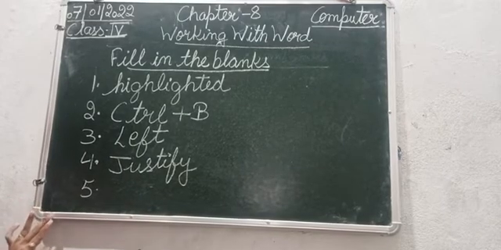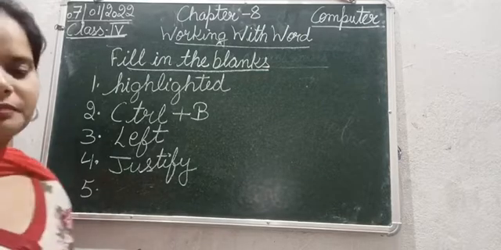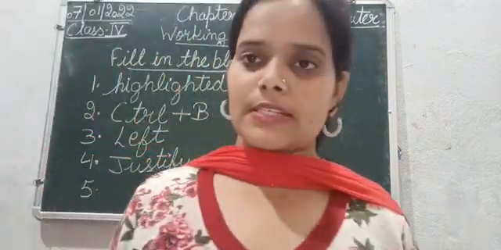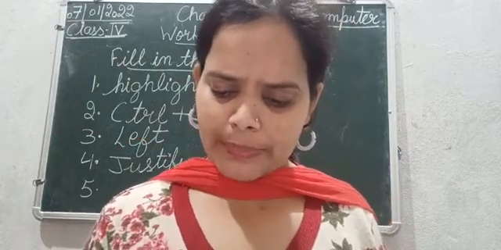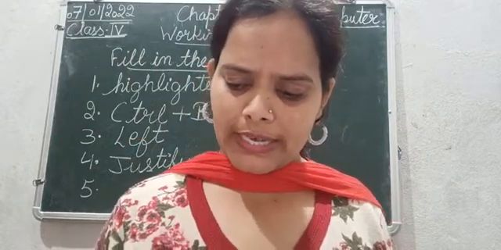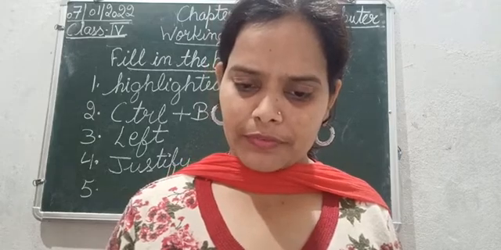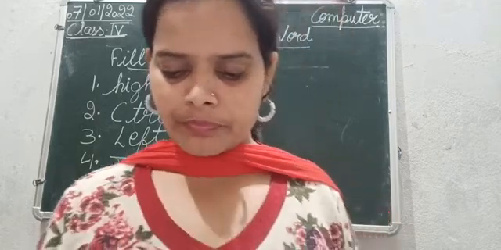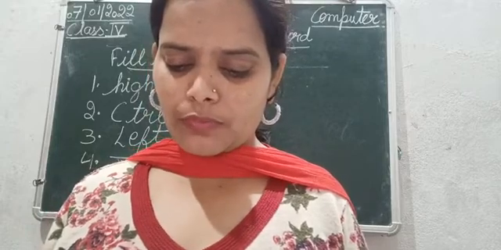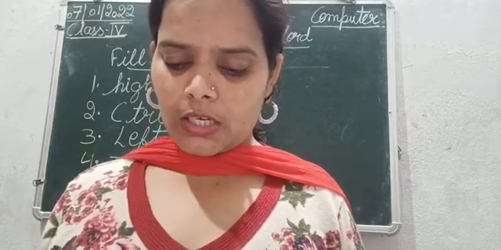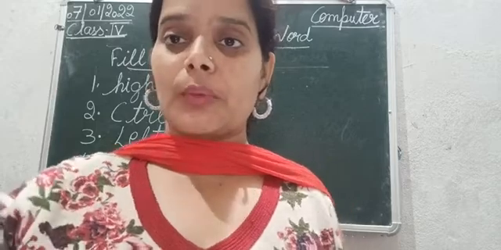Moving next to the fifth one. To select a paragraph, you have to click dash times over the paragraph. So how many times do you have to click to select the text of a paragraph?